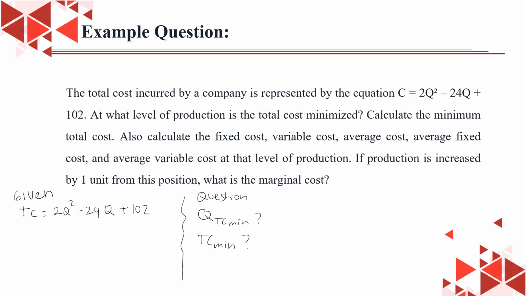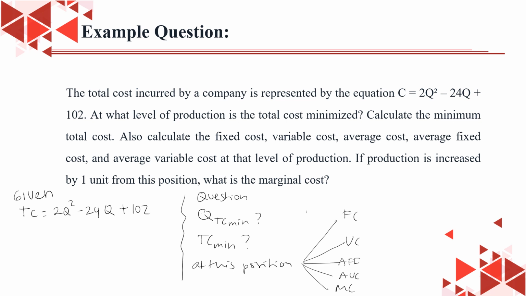This position means when the Q is at total cost minimum. So at this position, what is the fixed cost, variable cost, average fixed cost, average variable cost, and marginal cost from this position?